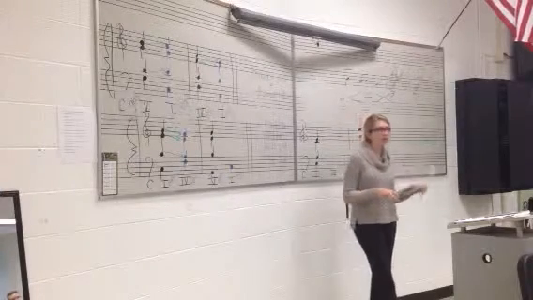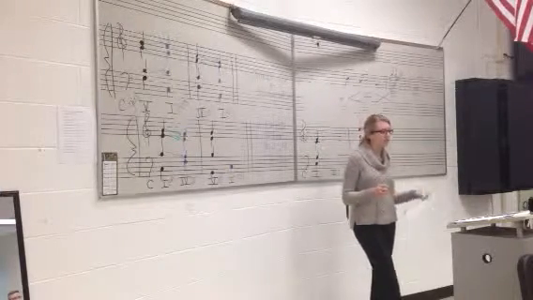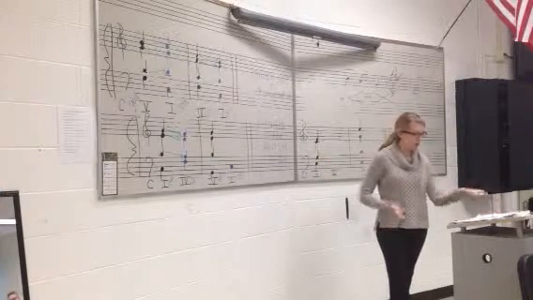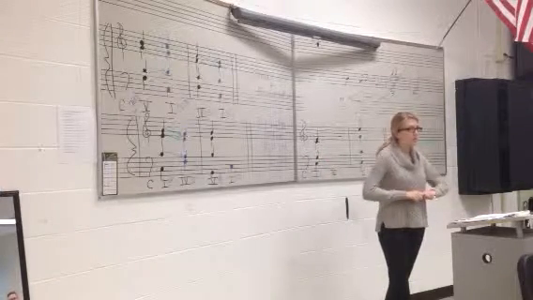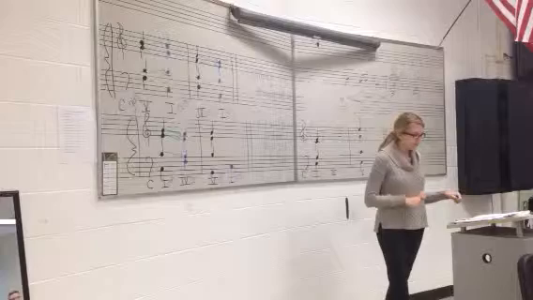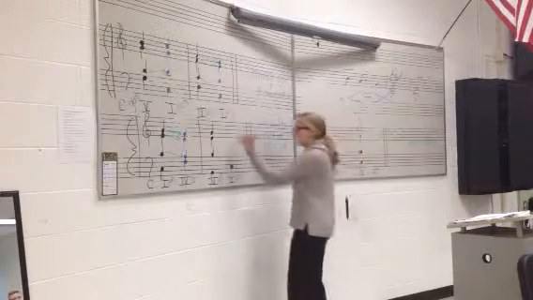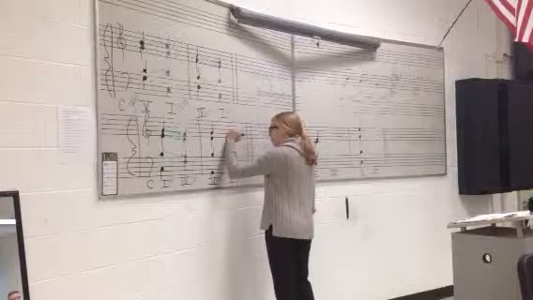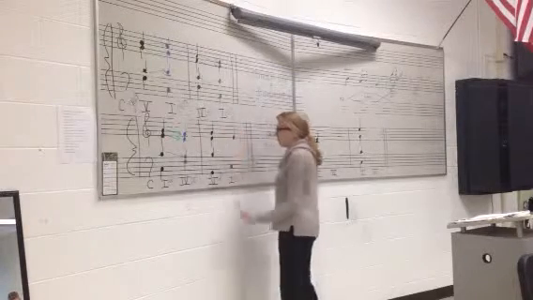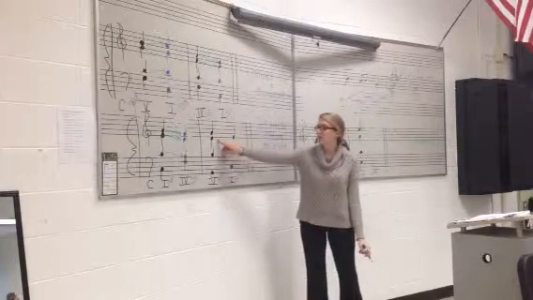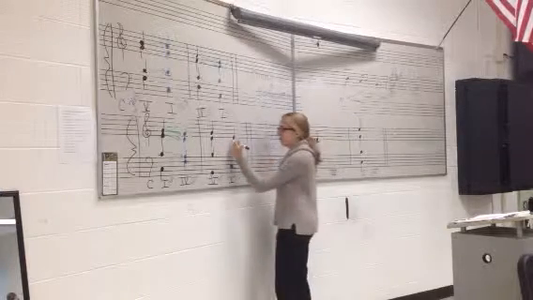Could someone give me something we could do with any of the 3 remaining parts? Spencer. Could you have the soprano G go to an E, which would be a third? Mm-hmm. And then the D, I believe, in the alto line, have that go to a C as the second.